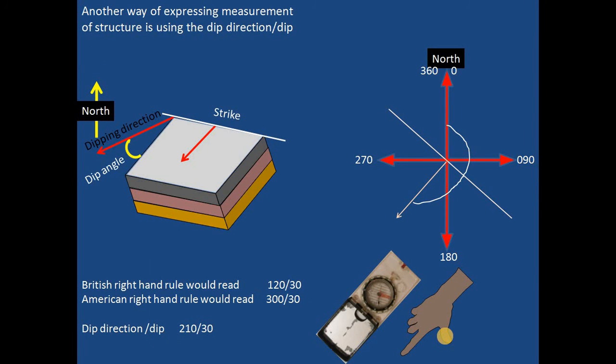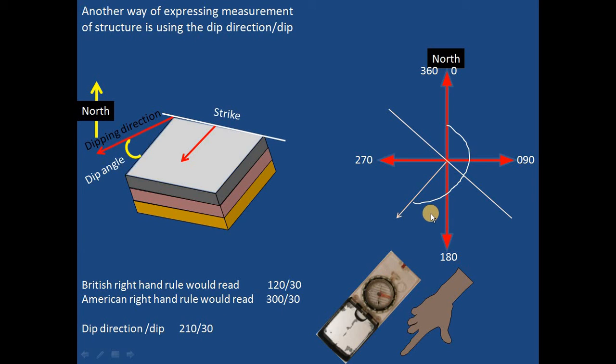So there's another way where someone can take readings and record the readings using the dip direction method. In this case, you express your data using the direction of the dip of either bedding or any structure or foliations, any structures that you are measuring, be it faulting or shear or anything.